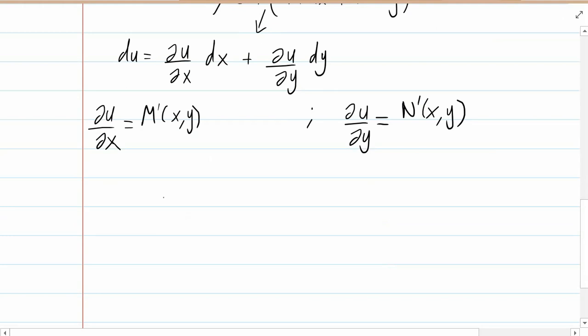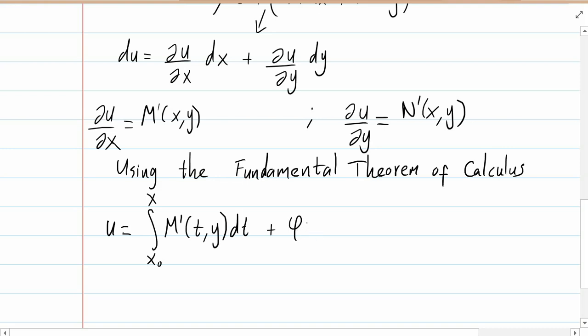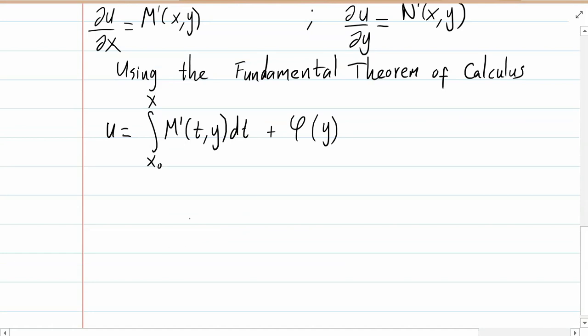From there, using the fundamental theorem of calculus for functions of two variables, we have the following. u will be equal to the integral from x naught to x of m prime of t comma y dt plus some function of y and y alone.